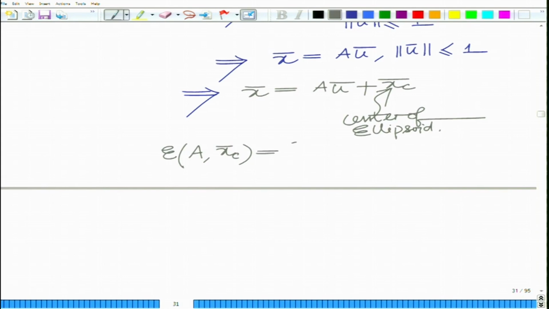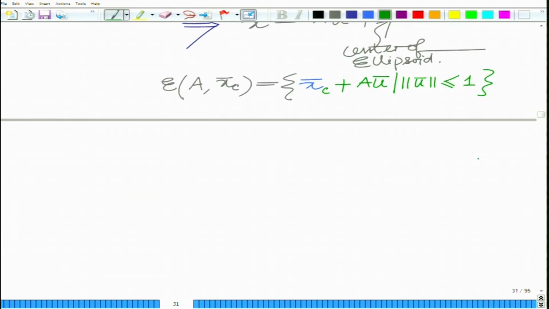and center x c bar is the set of all vectors x bar equal to x c bar plus A u bar such that norm of u bar is less than or equal to 1. This is the alternative representation of the ellipsoidal region.